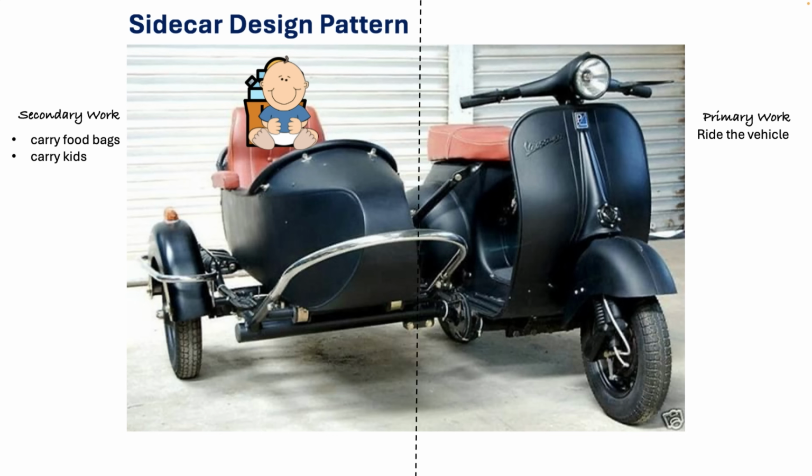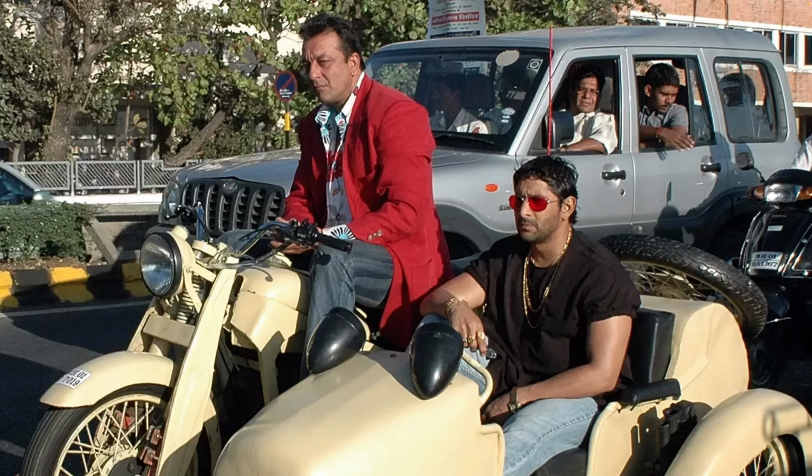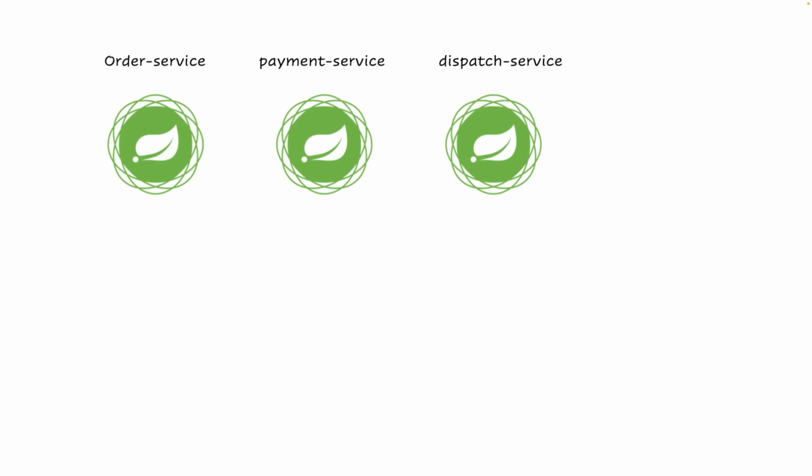Now that you have a clear picture of what the sidecar pattern is and why it's useful, let's see how it works in a real-time microservice architecture. Imagine I have a couple of microservices like order service, payment service, and dispatch service.